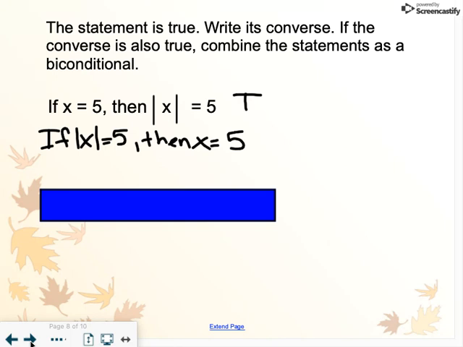We got to think to ourselves, is there a counterexample? Is there something that could make this false? And yes, the answer is x equals -5. If you plug in x equals -5 to the absolute value, you do get 5, but x does not equal 5.